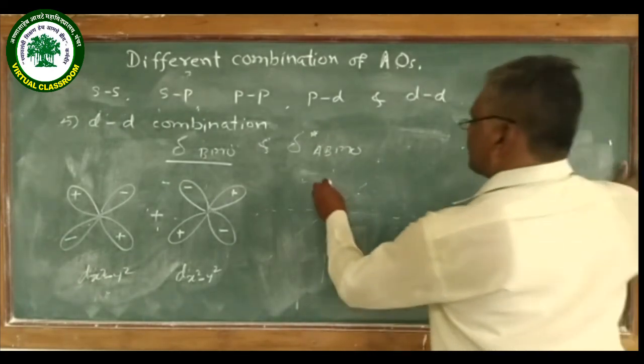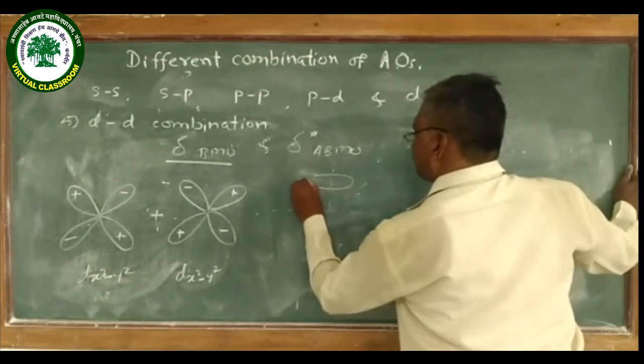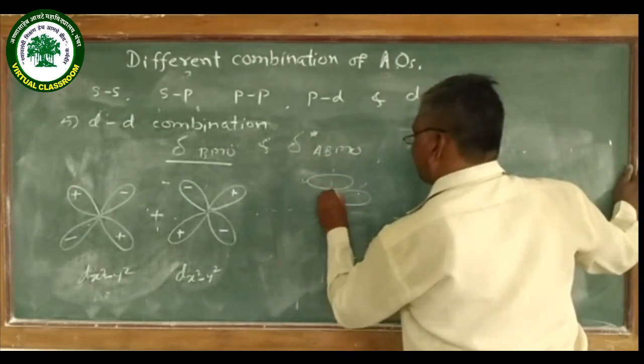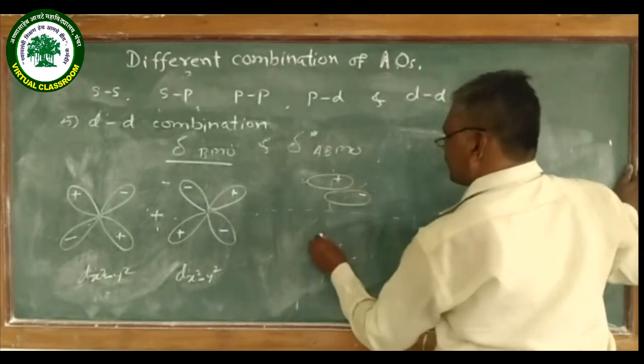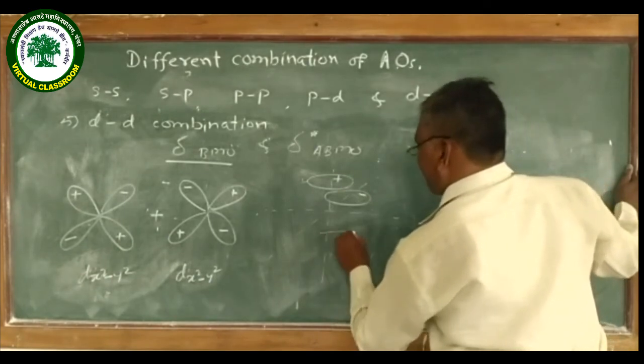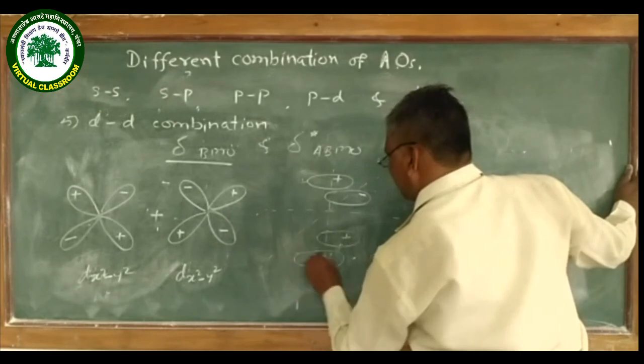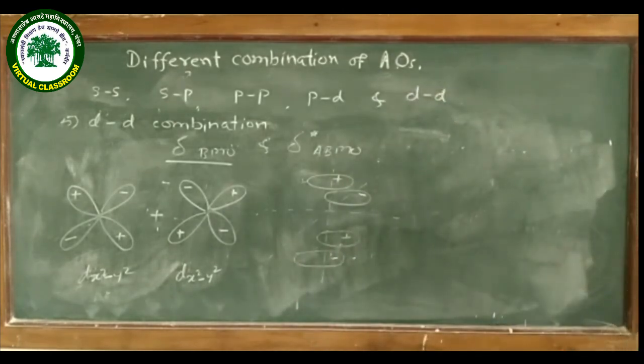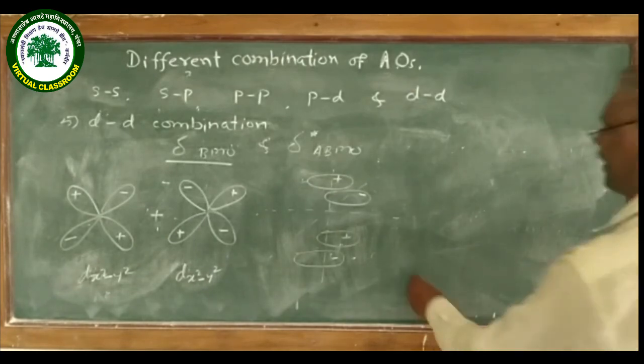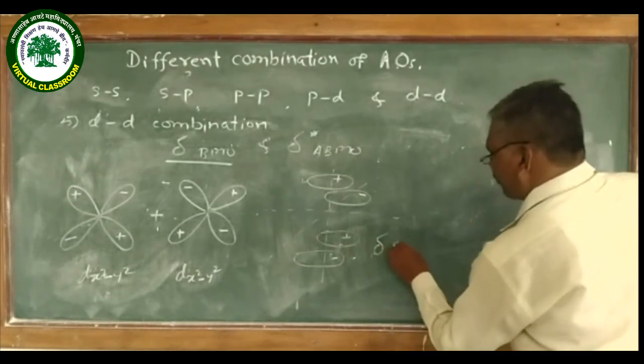So the positive lobe, negative lobe, similarly here, the positive lobe and negative lobe. So this is the formation of delta bonding molecular orbital.